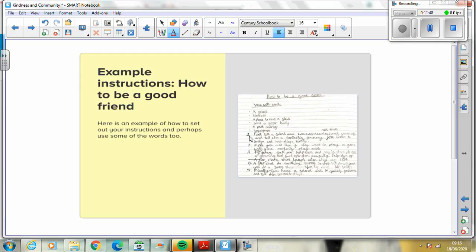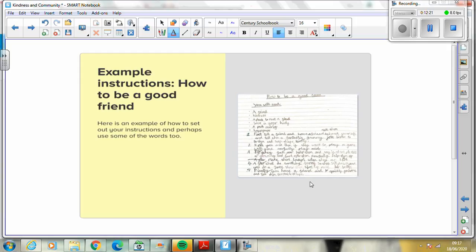Then we have our steps, and you'll notice on the screen here that the child who's written this has included what's called fronted adverbials. First, next, after that, finally, to start off each step. So that the words at the beginning of the sentence here, these fronted adverbials, are showing the reader the order in which things need to happen.